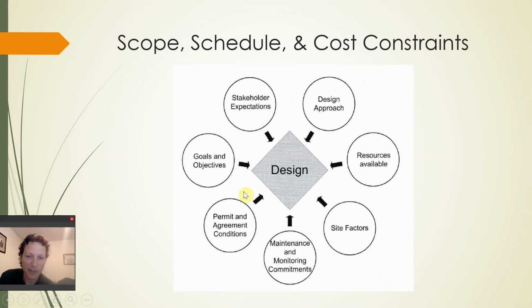Permit and agreement conditions. So, you're not going to design something that doesn't meet local and state and federal standards. Especially if it involves infrastructure, you need to make sure that your conceptual design addresses that. So, for example, if you have power lines that run through your area, you may need to protect those.